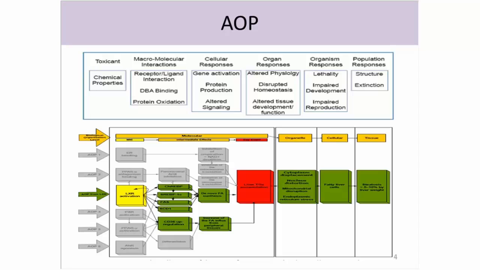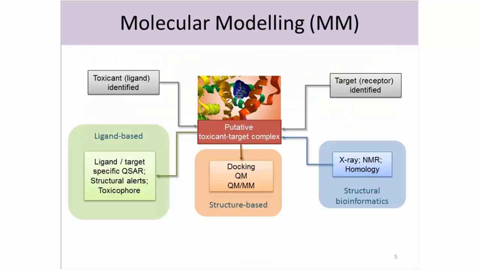Why do we try to apply molecular modeling in this context? Because one of the initiating events can be an interaction between a ligand and the receptor. And some of the molecular modeling tools were designed to study exactly this type of interaction.